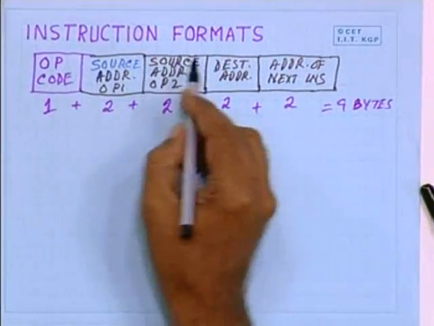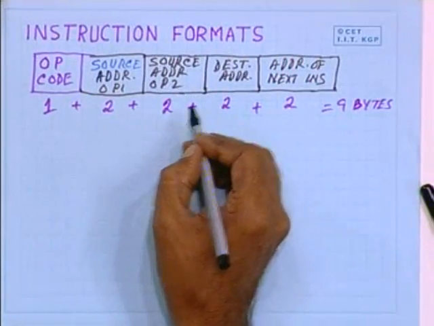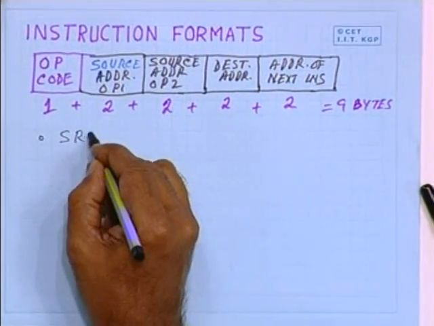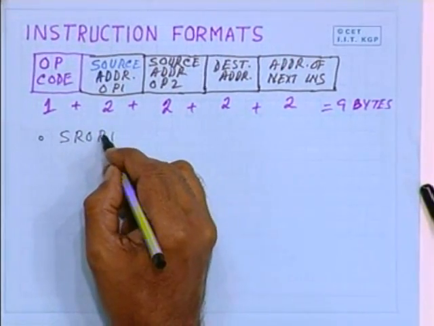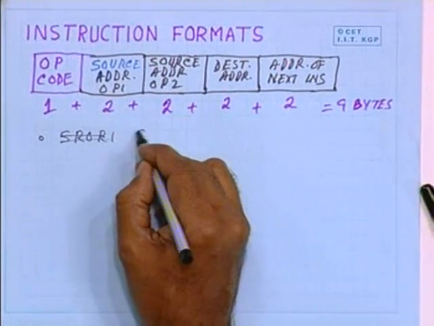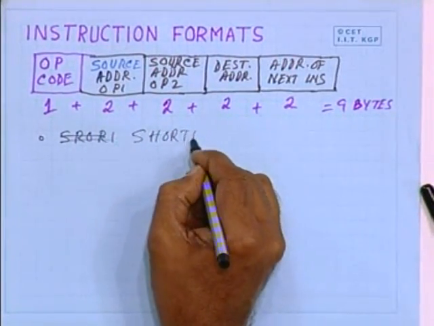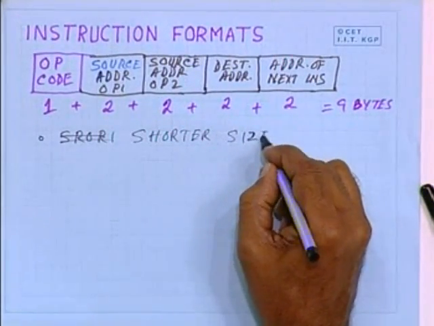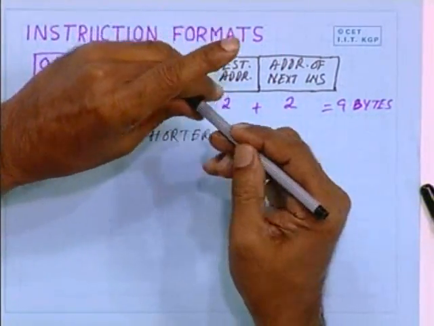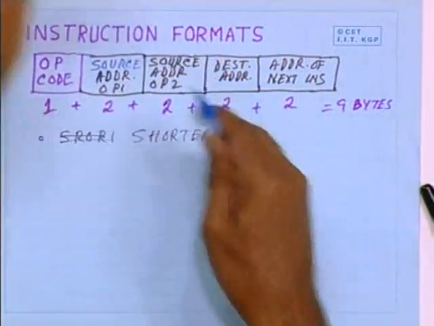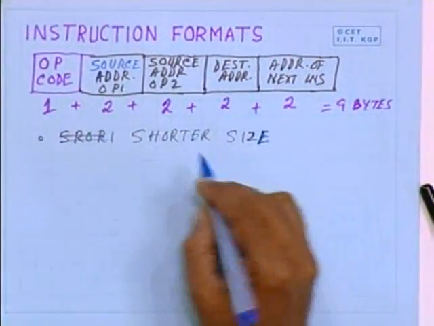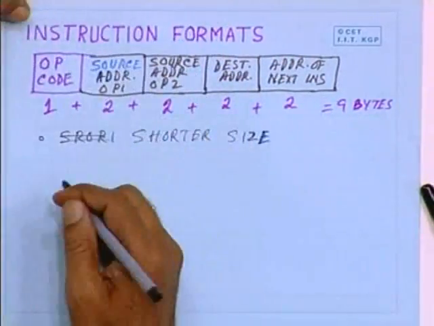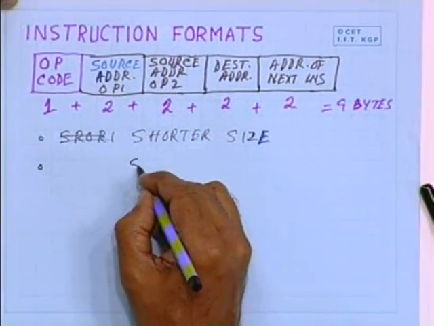So the basic objective of a realistic instruction format is shorter size, that means each instruction does not require a large number of bits to represent, and also it should take shorter time to execute.